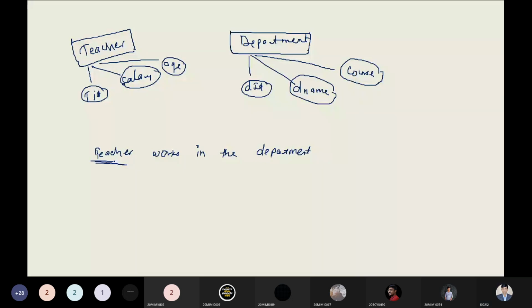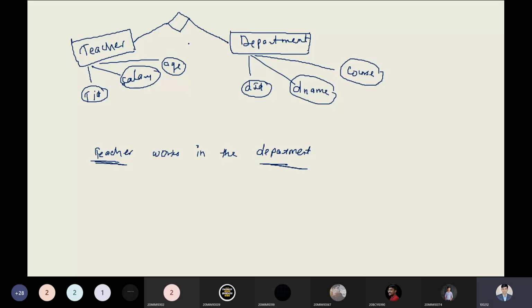A diamond symbol is used to represent relationships. So I'm making the relationship like over here. Teacher works in the department. A teacher can work in many departments, or a teacher can belong to one main department. Of course, it's your choice how you represent it.